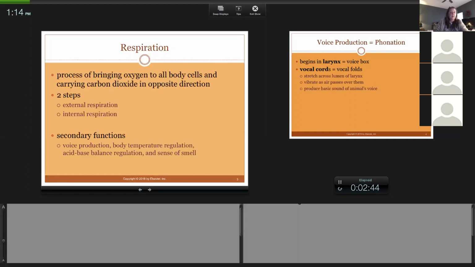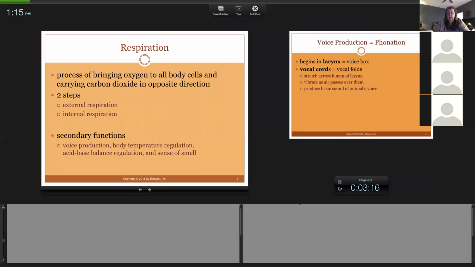Now, the respiratory system is also responsible for what we consider secondary functions, the primary function obviously being CO2 and oxygen exchange. But this is also how the voice is produced, and how the animal regulates body temperature. The respiratory system has a role in acid-base regulation. Acid-base balance is basically the acidity content of the blood, which affects the cells.